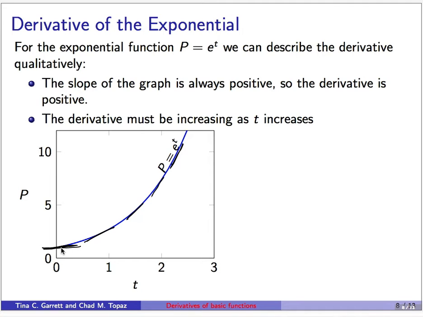And all the slopes as you move from left to right are increasing. This slope here looks a little bigger than that slope there. So that might be a slope, for example, of 5, and this might be a slope, for example, of 2 or 3. So we're looking for a function that's positive and increases as t increases.